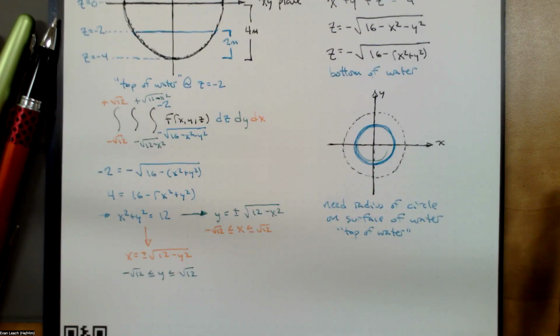Cylindrical coordinates is just polar coordinates with a z-axis. And the relationship between rectangular and polar coordinates says x squared plus y squared equals r squared.